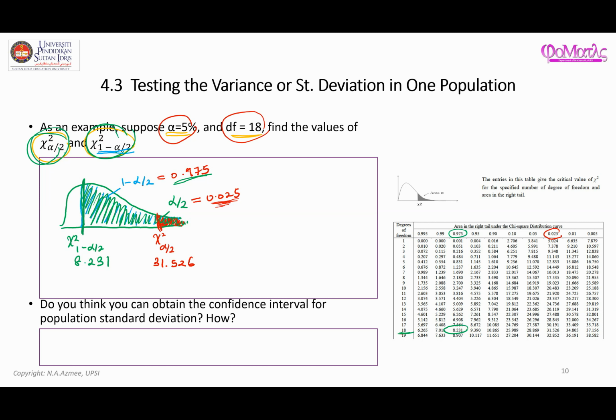So now, do you think you can obtain the confidence interval for the population standard deviation? Yes, definitely. So how can we obtain that? We can obtain that by square rooting the results.